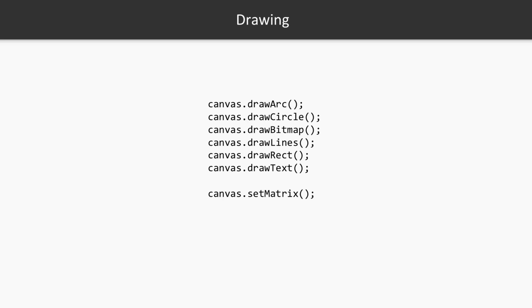There are many more methods, but these are the main ones that you can use to create your own drawing on the canvas. And finally, Canvas provides an interface to apply transformations on your existing drawing. For example, you can supply a rotation matrix to your canvas that will make the canvas rotate according to the parameters supplied. So this setMatrix interface is really powerful, and it's intended for more advanced uses.